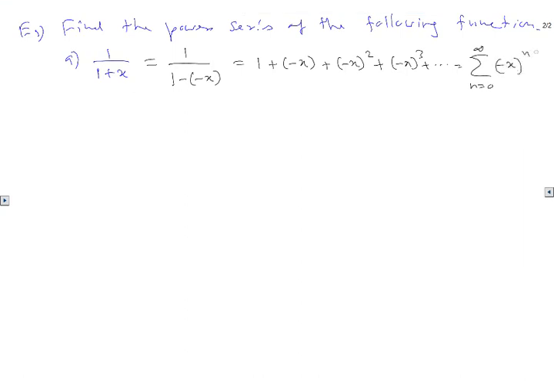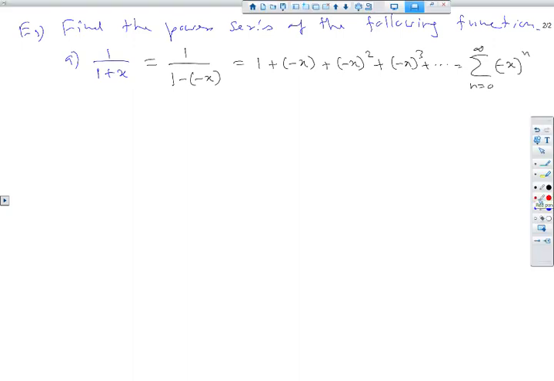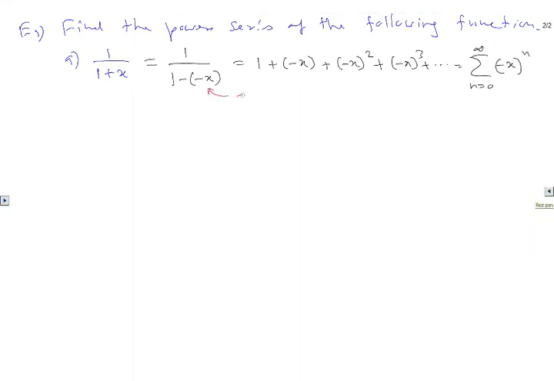That's what we have. So you simply replace x by negative x in the star. We go to the star and plug in x equals negative x.